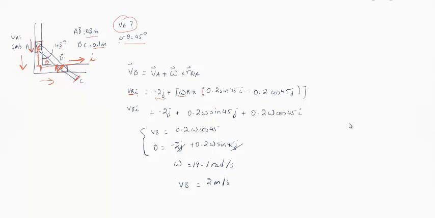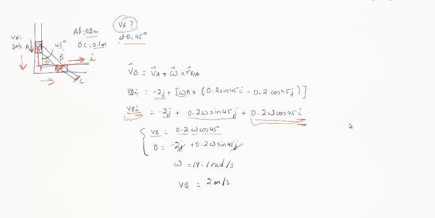Now we do the cross product, we get VB I equals minus 2J plus 0.2 omega sine 45 J plus 0.2 omega cosine 45 I. Now notice, we have I here. Thus, we can only equate VB with the I term over here. So we have VB equals 0.2 omega cosine 45.